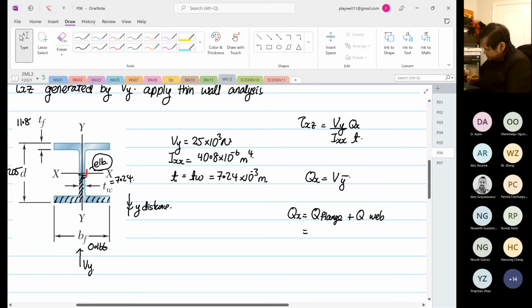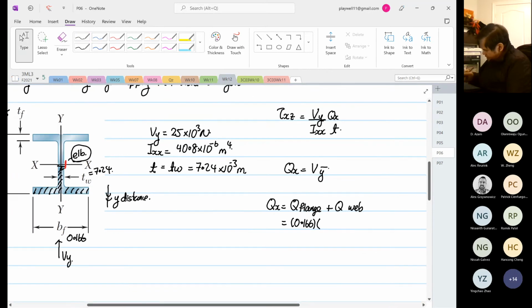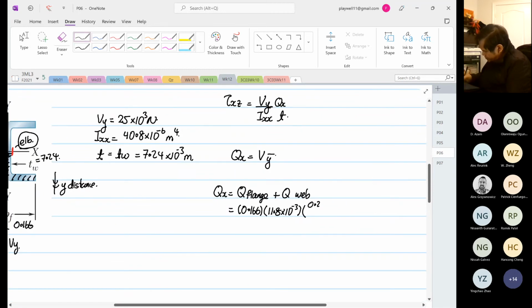So the width is 0.166. The depth is 11.8. And then the y bar is 0.205 minus 11.8 times 10 to the power minus 3 divided by 2.